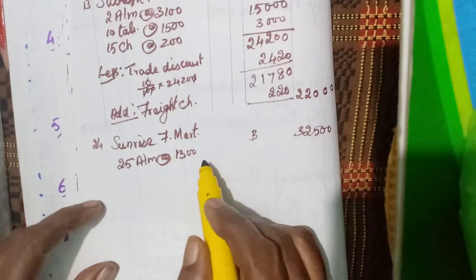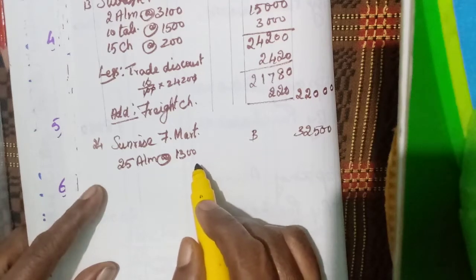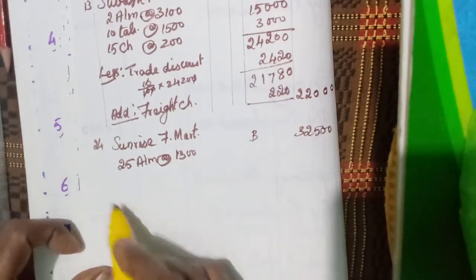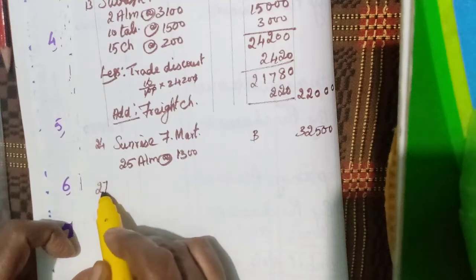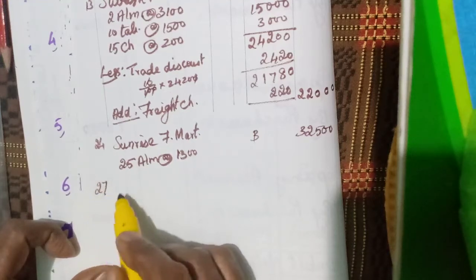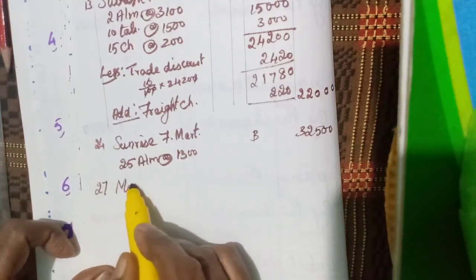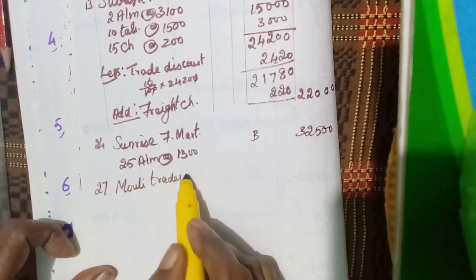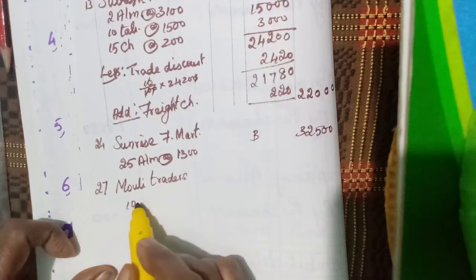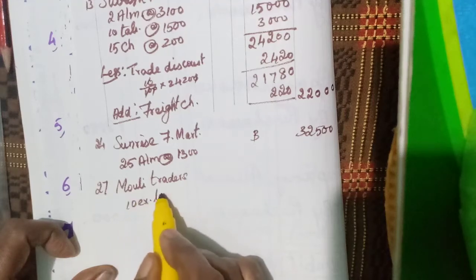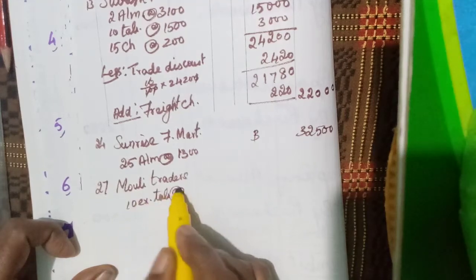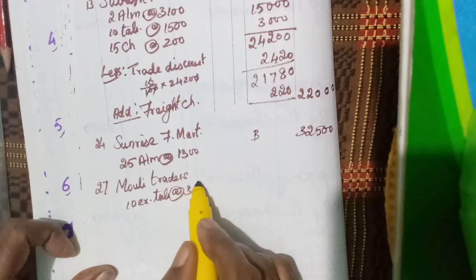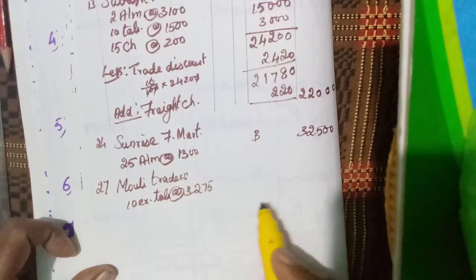Then June 24 we have written. June 27, Mauli Traders, ten executive tables at the rate of 3,275.